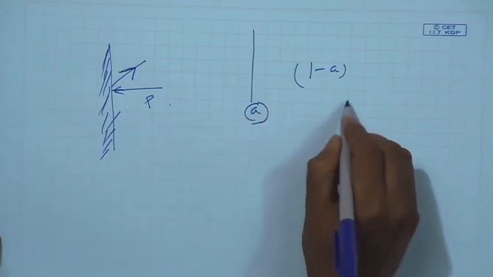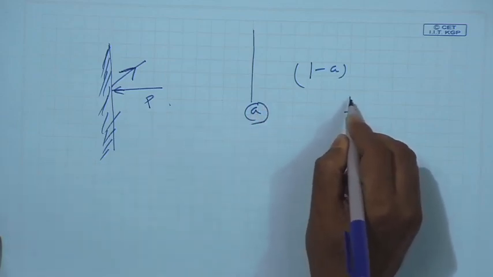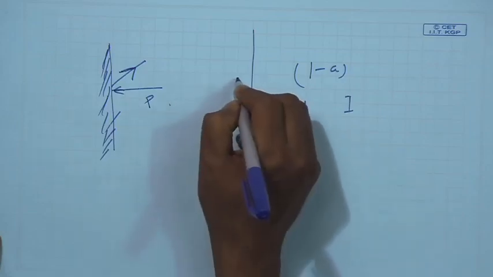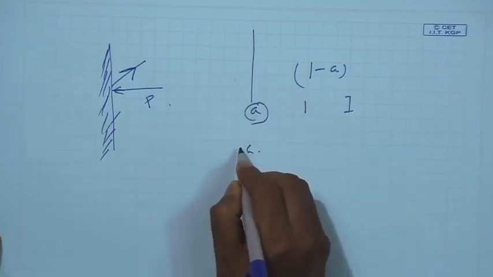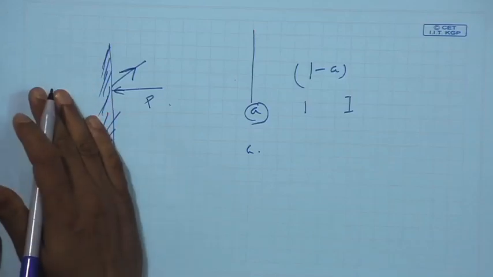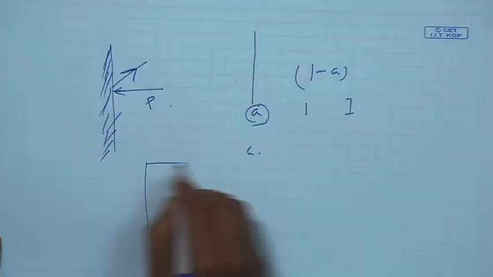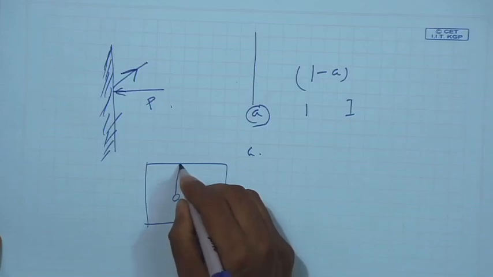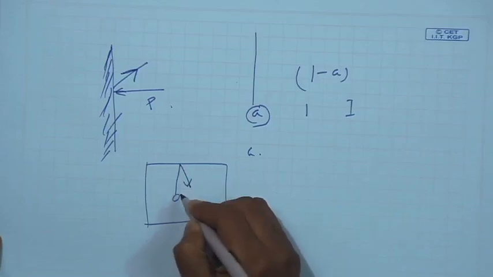If unit pressure 1 is incident on it, A will be absorbed by the surface and 1 minus A will be reflected by the surface. Now, in a room, if I create a sound, A will be absorbed and 1 minus A will be reflected.